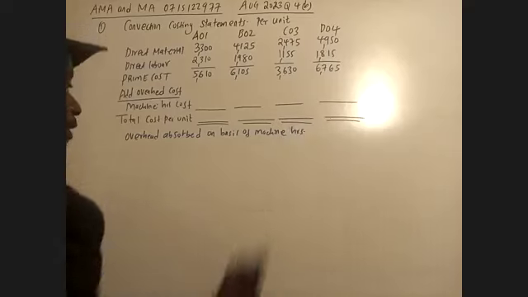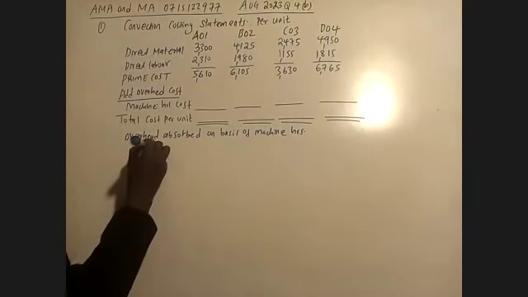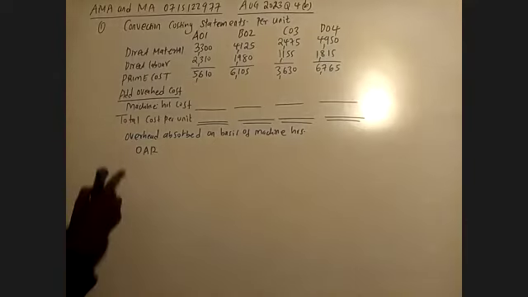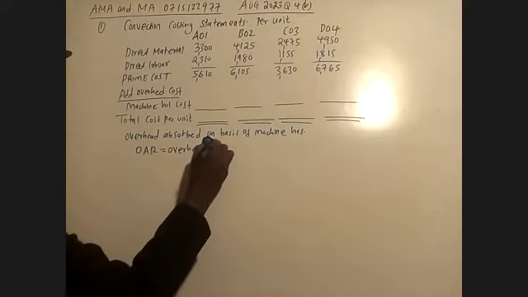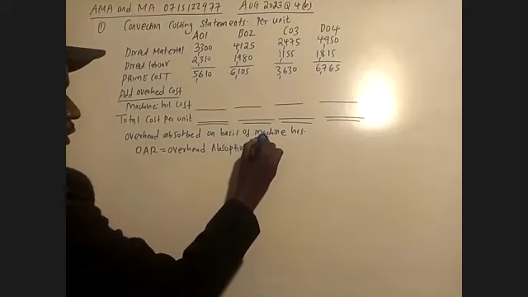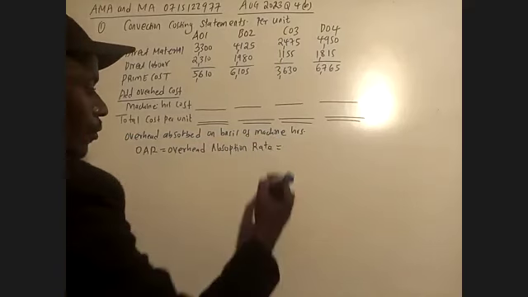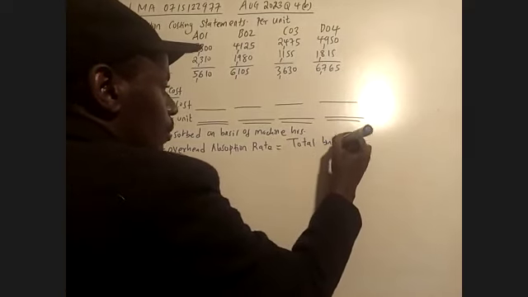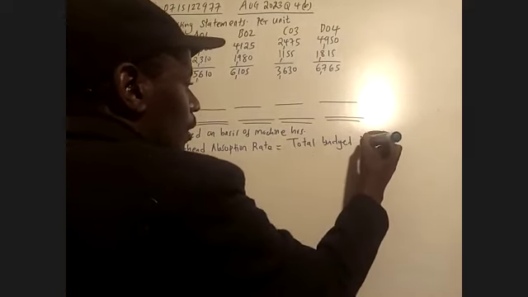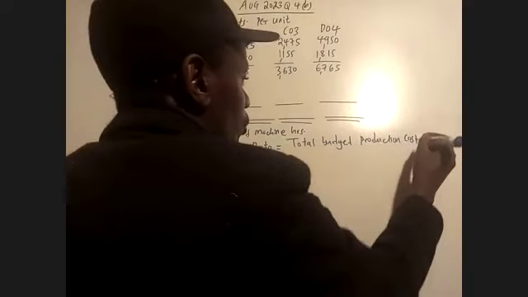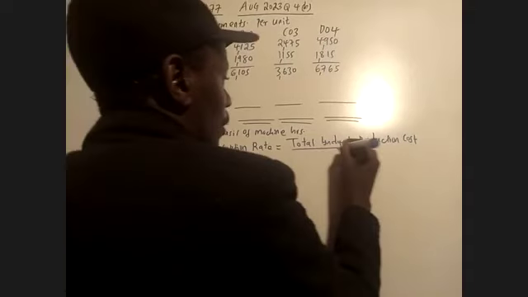Machine hours, meaning our OAR, overhead absorption rate, will be equal to the total budgeted production cost, or overhead.